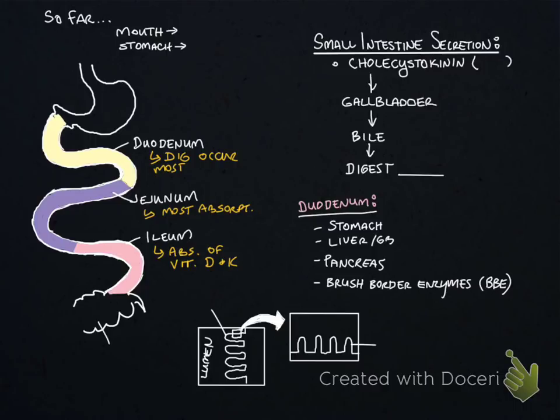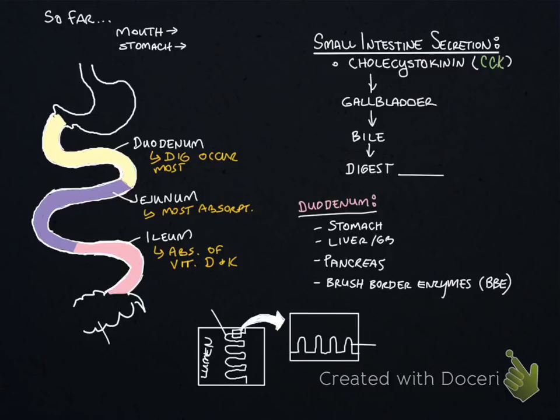So what other secretions are we seeing here in the small intestine that help with digestion? We get cholecystokinin, or CCK, which is secreted in the small intestine whenever there are fats present in the chyme.